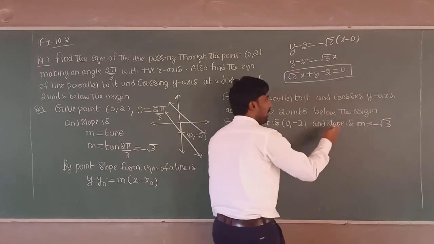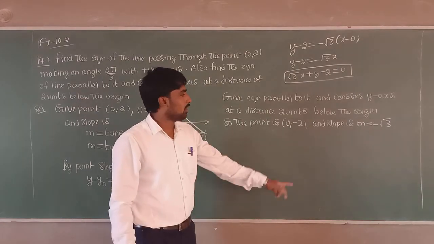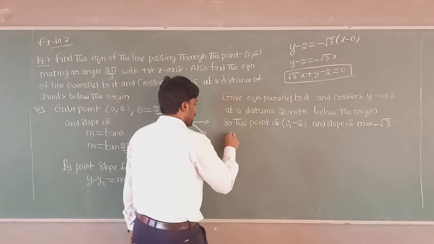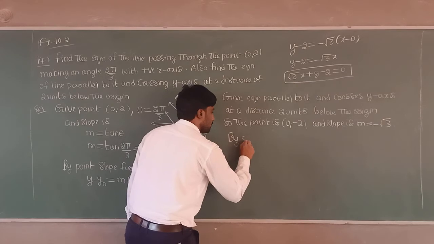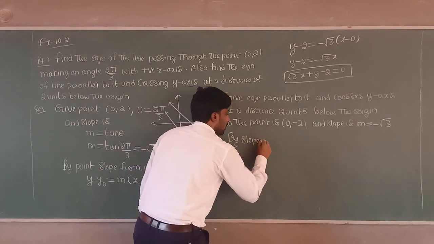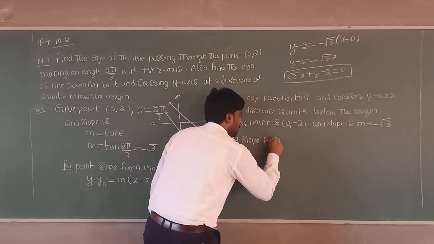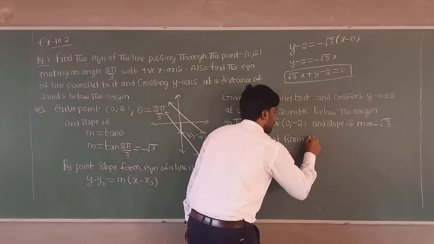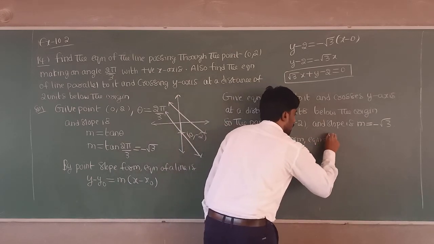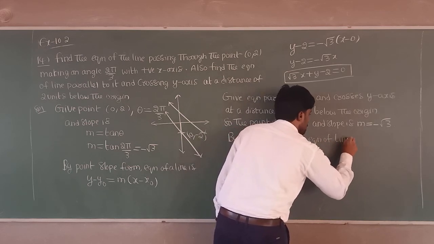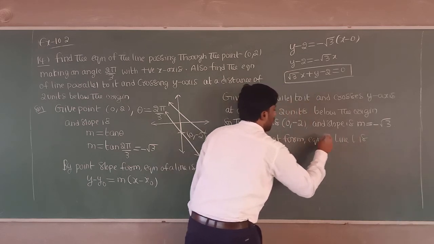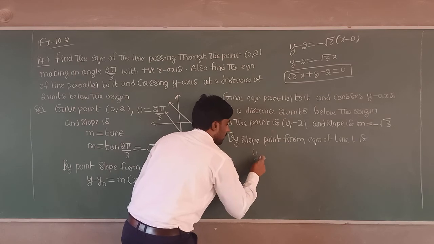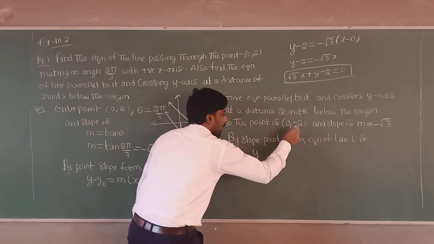Since I know the point and the slope, I can use the slope-point form. The equation of the line is y minus y naught, where y naught is minus 2.